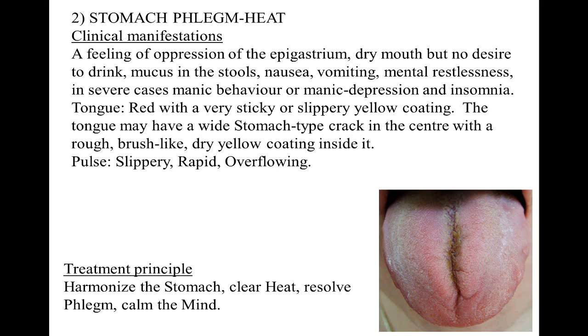Phlegm affects the stomach very much because phlegm in the middle burner interferes with the descending of Stomach-Qi and the ascending of Spleen-Qi. And in fact, remember that phlegm in the middle burner is a very common cause of nausea. If someone complains of nausea or even vomiting, it might be due to phlegm.